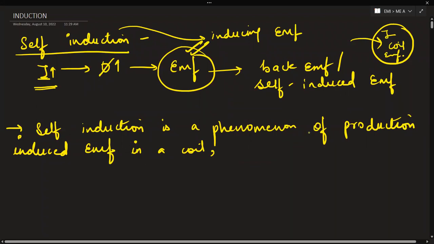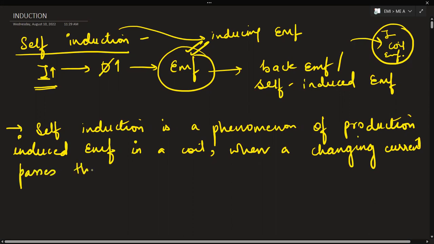So self-induction is a phenomenon of production of induced EMF in a coil when changing current passes through it. This is what is known as the phenomenon of self-induction.